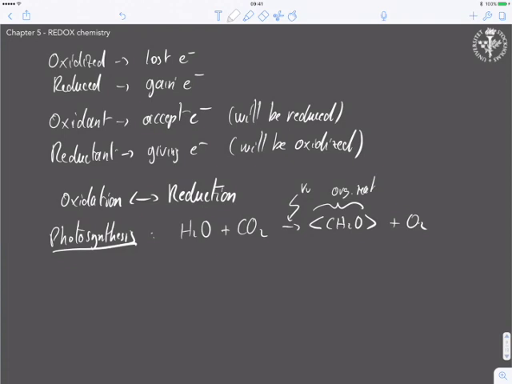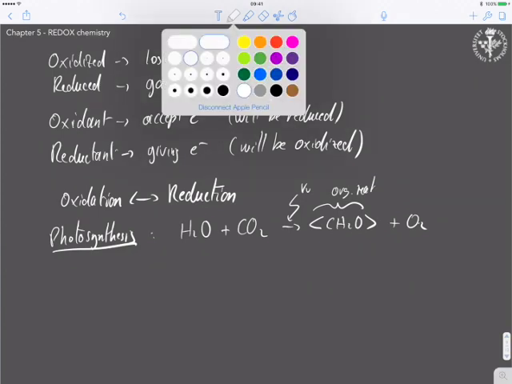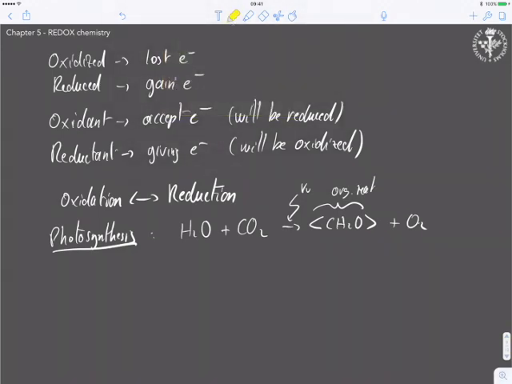Why? Because if you're looking at the oxidation state of the various elements in the various components, what does it look like? Let's look for the carbon in yellow. CO2, we have seen that. Oxygen is -2, so the oxidation state of carbon is, in this case, +4.